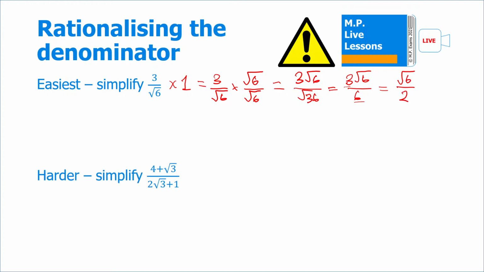Something harder could be this. We have to use a bit of algebra, so difference of 2 squares. For example, in this case, we have to multiply by 2 root 3 minus 1 on the top and the bottom. So we end up getting double brackets on the top and the bottom.